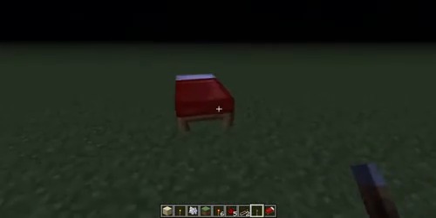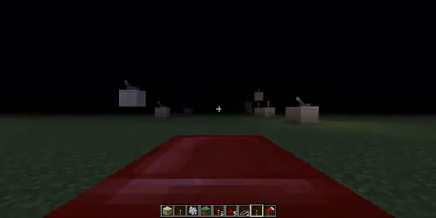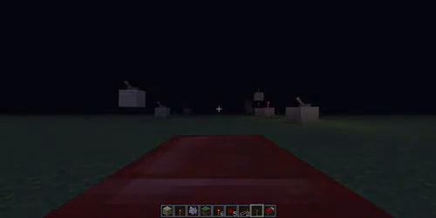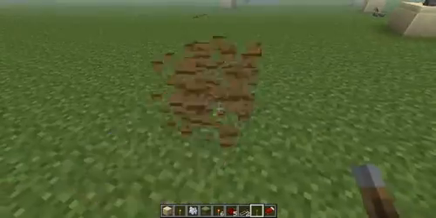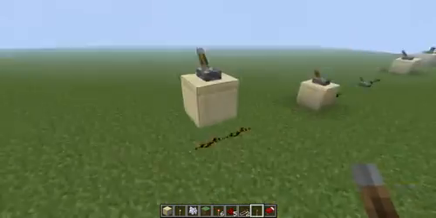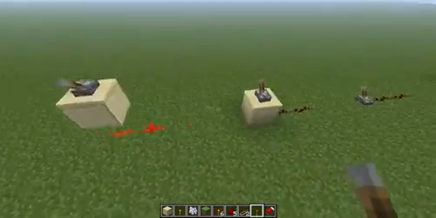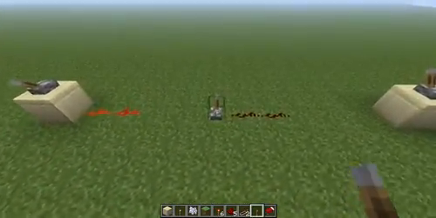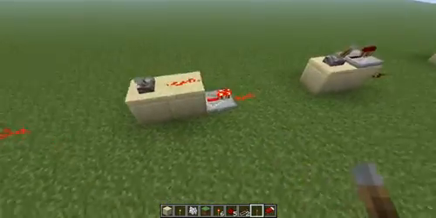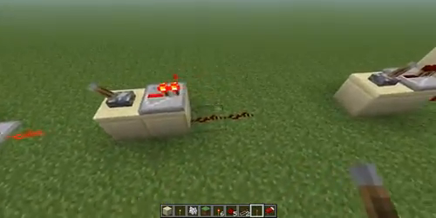So before this tutorial I expect you to know the very basics about redstone torches, levers and stuff. I expect you to know how they connect together and how they don't.